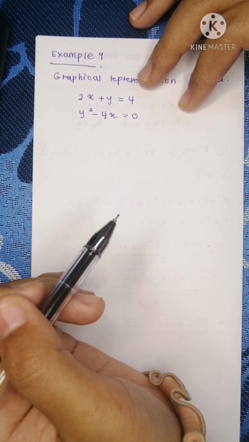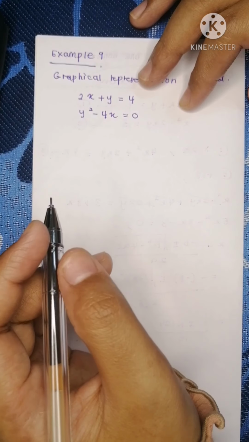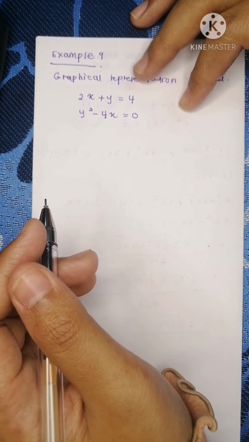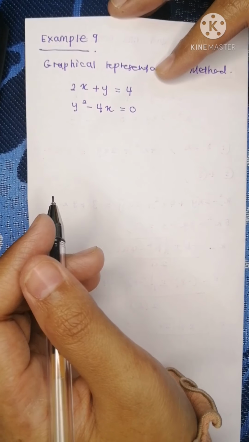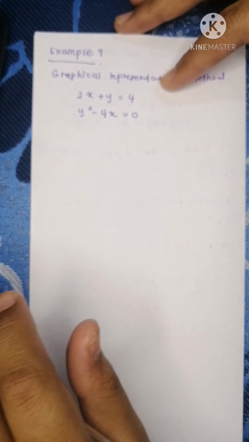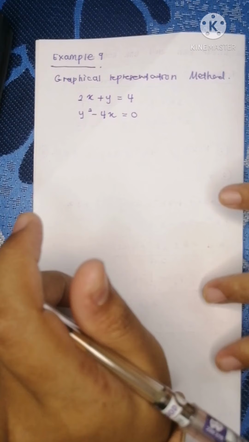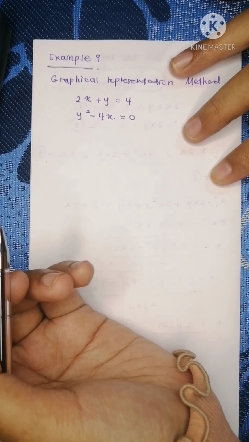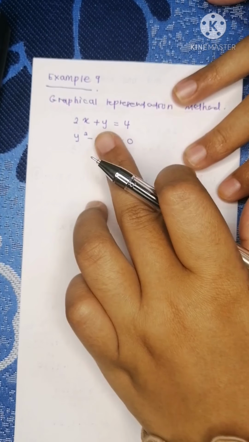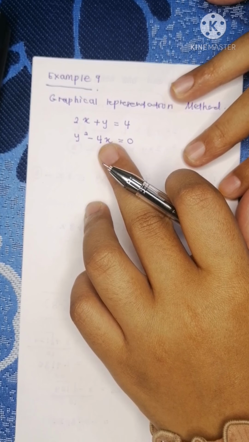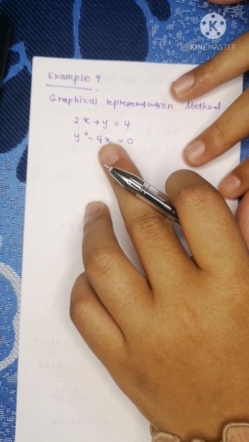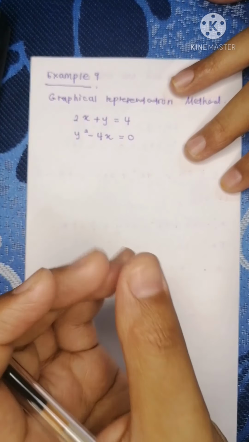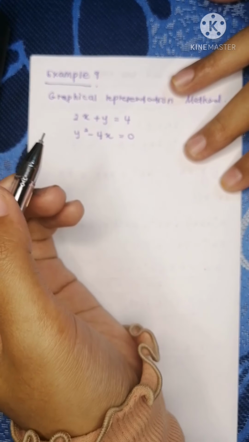Now what should you do first? The first thing you need to do is make a table. Before that, let me simplify this equation first to make it easier for you to find the value of the unknown.